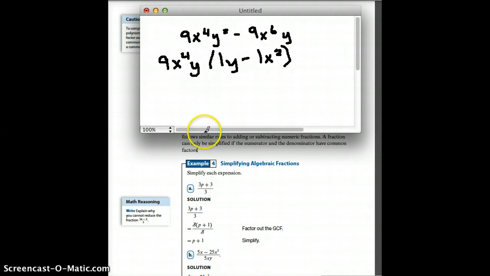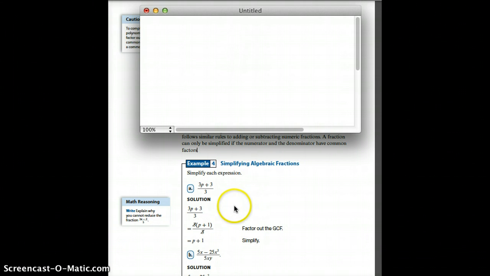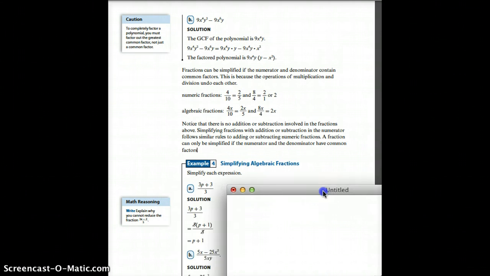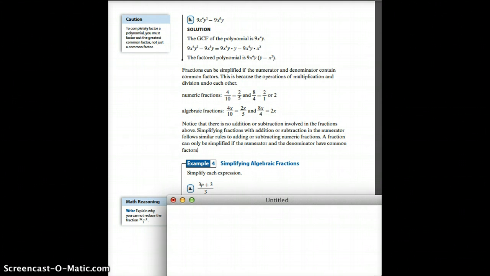Now let's look at example 4. Example 4 says simplifying algebraic fractions. Simplify each expression. So let's go ahead and do that. When you simplify it, in this case, a fraction, we are dividing.